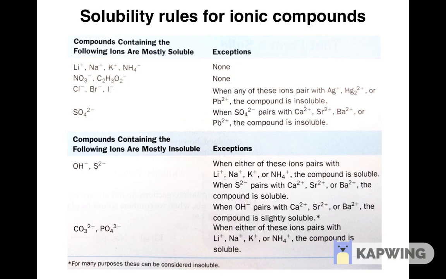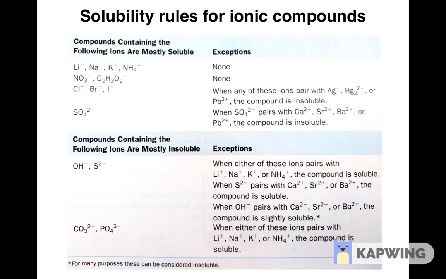Most compounds that contain the sulfate polyatomic anion SO4 2- are water-soluble as well, but the following sulfates are not: calcium sulfate, strontium sulfate, barium sulfate, and lead(II) sulfate. On the other hand, most hydroxides, sulfides, carbonates, and phosphates are not water-soluble, but there are some exceptions.